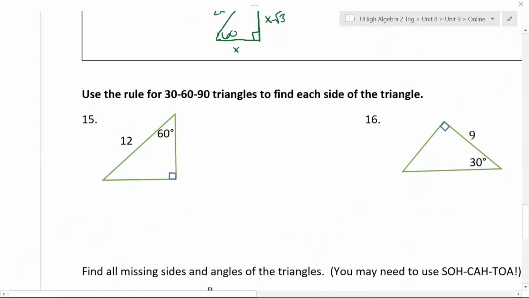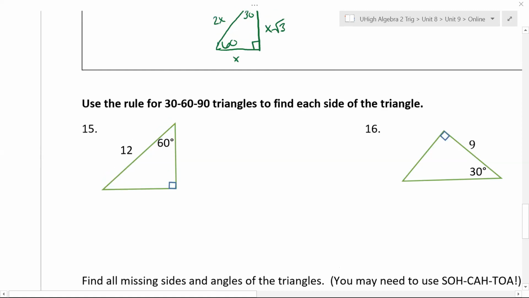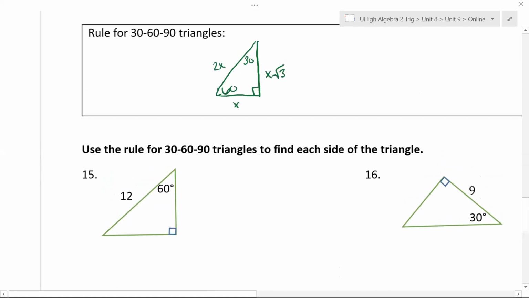15, we want to use the rule for 30, 60, 90 triangles to find each side of the triangle. So we have our 90-degree, our 60-degree angle, and I'm just going to go ahead and label that third angle as 30 degrees, just so that we can kind of see and compare it back to our rule.